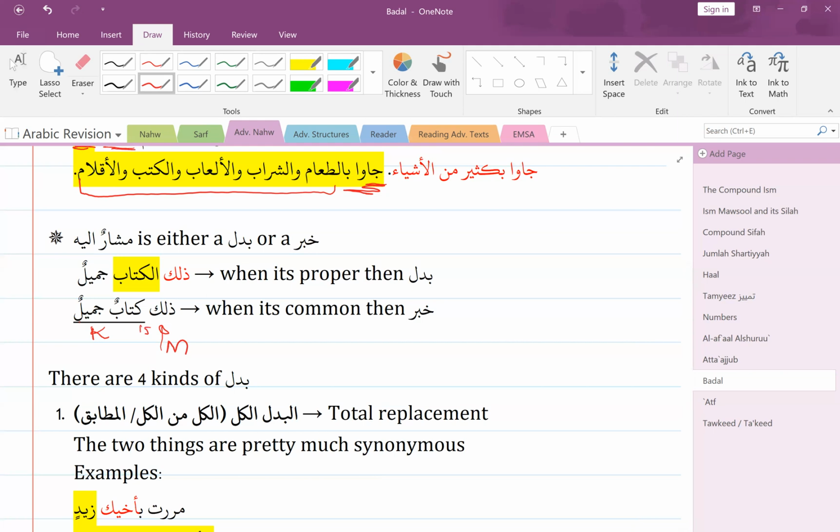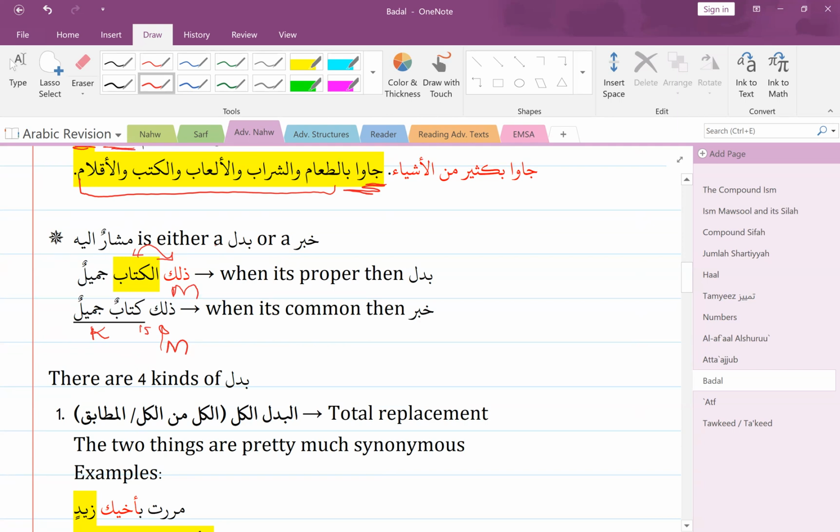Now what happens when you have al on it? So still dhalika, because it's the first rafa of the sentence, this is still our mubtada. But what do I do with al-kitab? I know we said this is the musharun ilayh, and then we look at this as the same thing, and we say the whole thing is a mubtada. That's what we did. But now I want to give you a little bit of extra clarification.